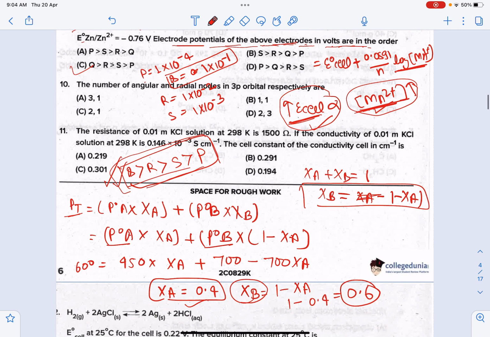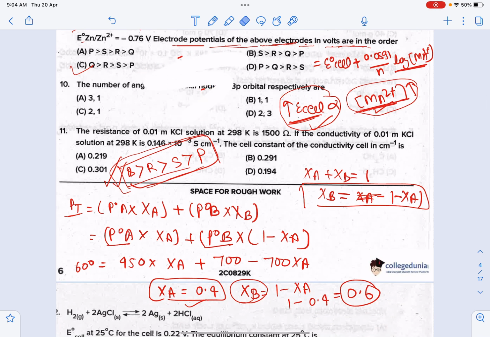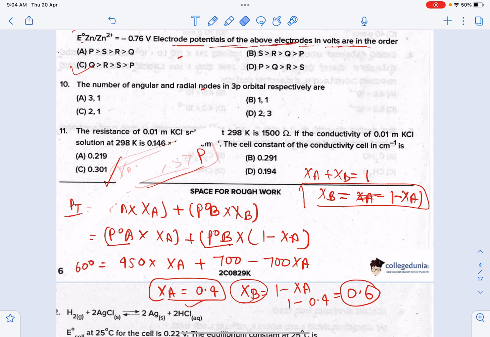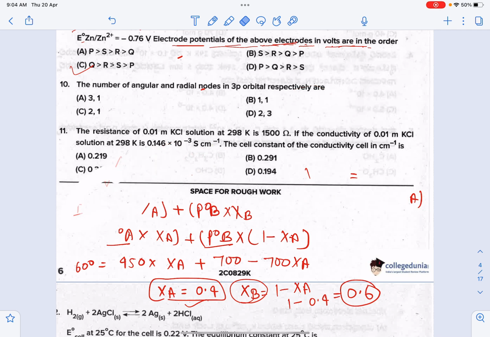Okay, now let's see the next question. The question is: the number of angular nodes and radial nodes in 3p orbitals are respectively. For the angular node, the number of angular nodes is equal to the azimuthal quantum number, that is L. And the number of radial nodes is equal to the principal quantum number n minus L minus 1.